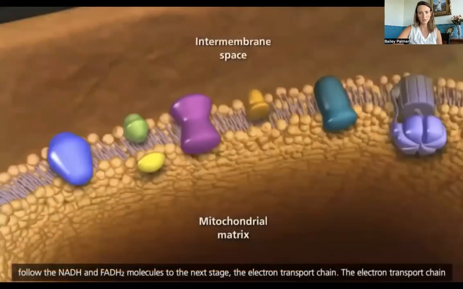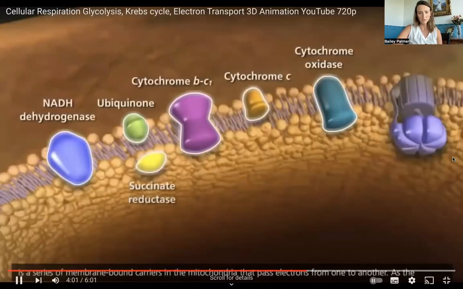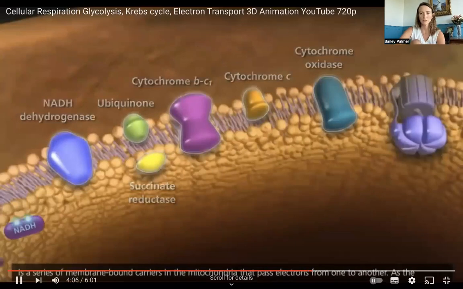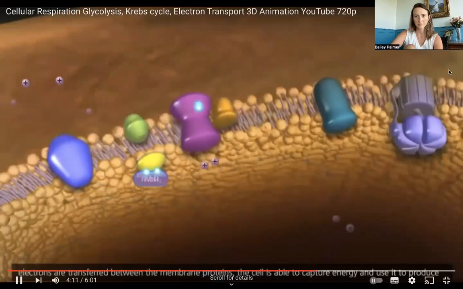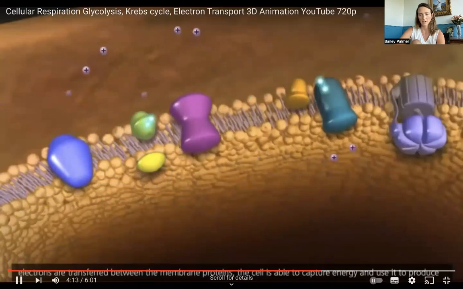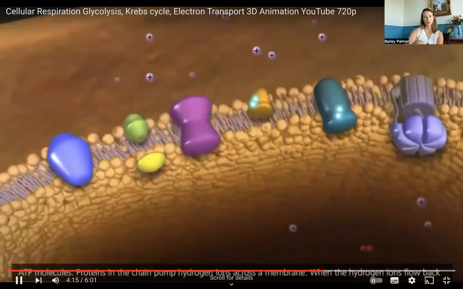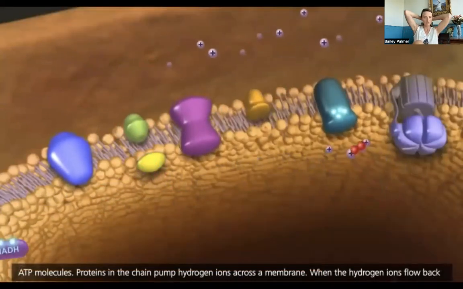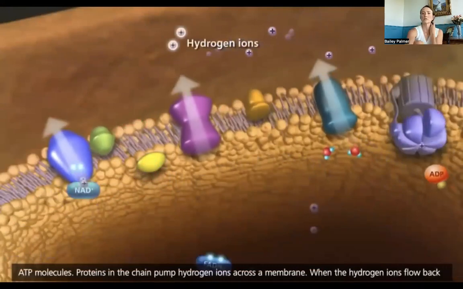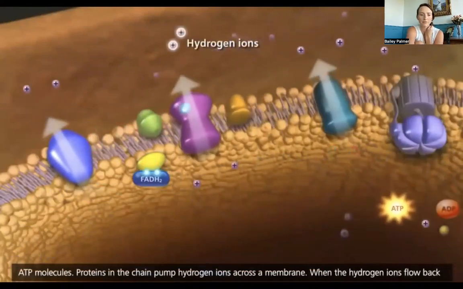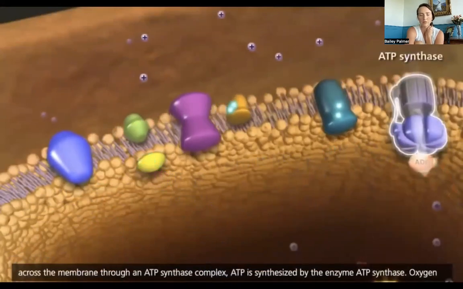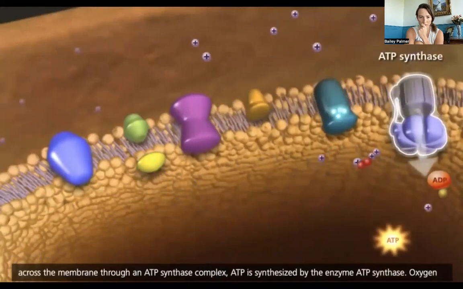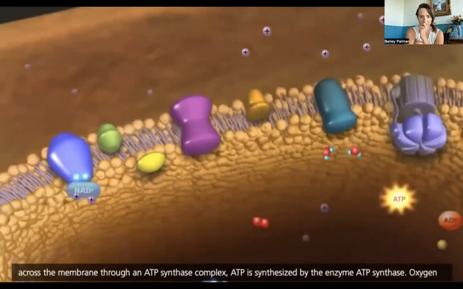The electron transport chain is a series of membrane-bound carriers in the mitochondria that pass electrons from one to another. As the electrons are transferred between the membrane proteins, the cell is able to capture energy and use it to produce ATP molecules. Proteins in the chain pump hydrogen ions across a membrane. When the hydrogen ions flow back across the membrane through an ATP synthase complex, ATP is synthesized by the enzyme ATP synthase.